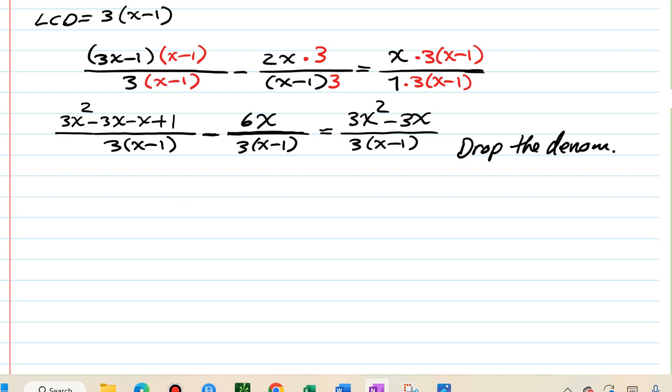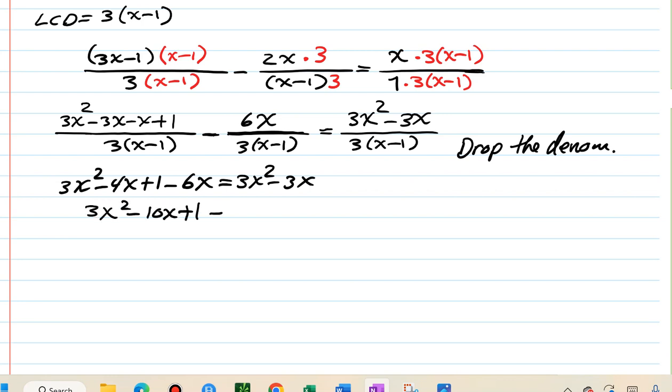And when we do, we end up with the numerators: 3x squared, negative 4x, plus 1, minus 6x, equals 3x squared minus 3x. You see how that worked? Just drop the denominators. And then I'm going to combine like terms. That's 3x squared, negative 10x, plus 1, and 3x squared minus 3x. And then we're going to solve this.